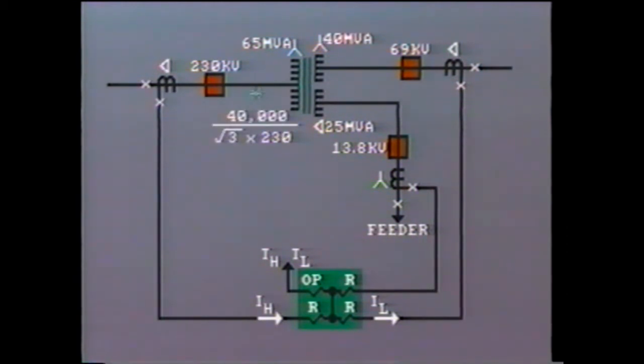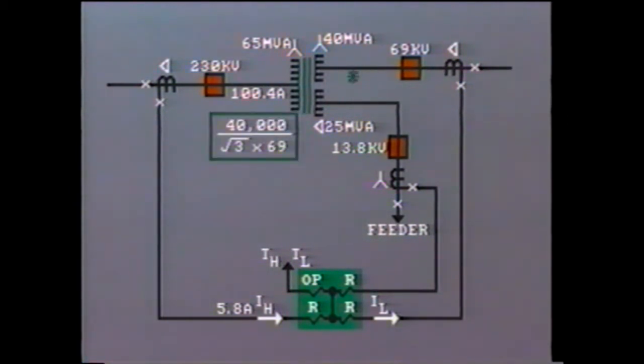The line current in the primary will be 40,000 divided by root 3 times 230, which equals 100.4 amps. Assuming a CT ratio of 30 to 1, and remembering that the CTs are delta connected, the secondary current equals 5.8 amps. On the secondary side, the current in the transformer windings will be 40,000 divided by root 3 times 69, or 334.7 amps.